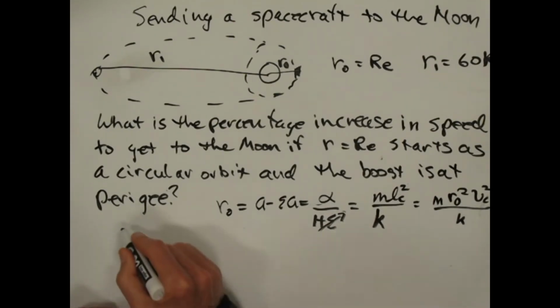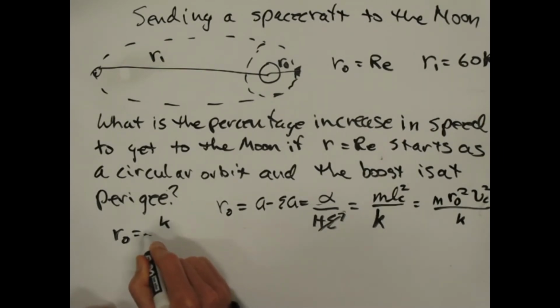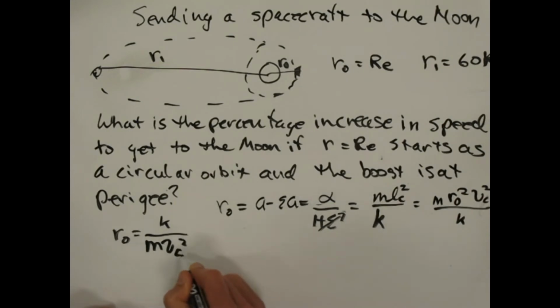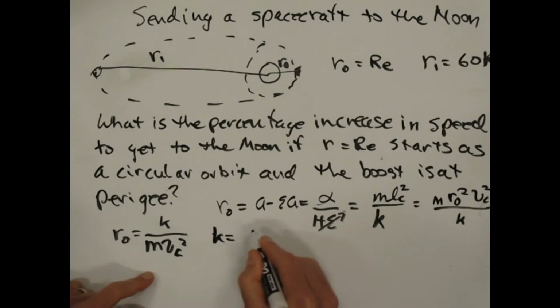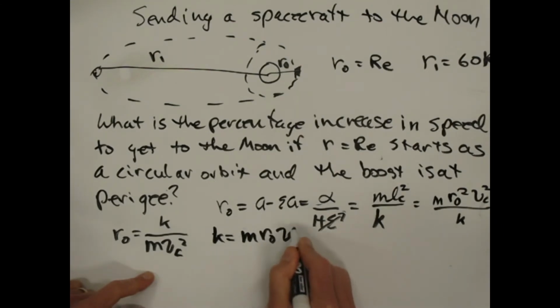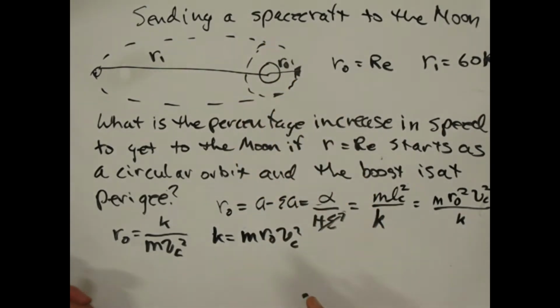So what we get is r0 is equal to k over m vc squared, or as we'll use later, k in this case is equal to m r0 vc squared, where again vc is the speed it has in the circular orbit, and we're going to use v0 for the speed in the elliptical orbit.